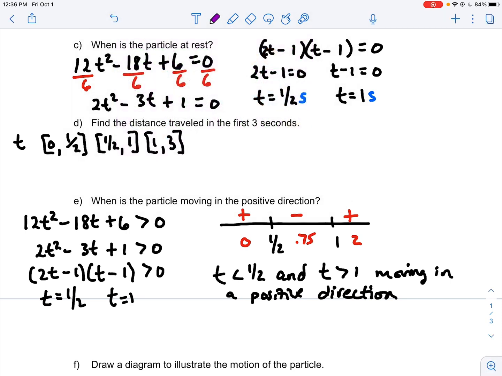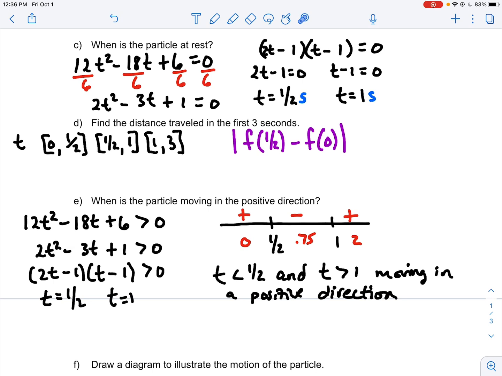We're going to take each of our times, and we need to find the distance covered in each of these time intervals here, okay? So here's how we're going to do that. So for our first interval, we're going to do the absolute value of f of 1/2 minus f of 0. F of 1/2 minus f of 0 gives us the distance between 0 and 1/2.